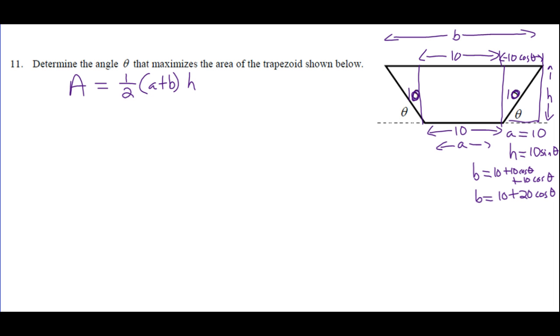All right, so what have we got? Well, we got a number, 10, we got a 10 sine theta and a 10 plus 20 cos theta. So we can now express area in terms of the angle, right? It's the angle that we're interested in, so we have to express area in terms of the angle. Okay, so let's just think of this as h over 2. So we've got 10 sine theta over 2 times a, which is 10, plus b, which is 10 plus 20 cos theta.